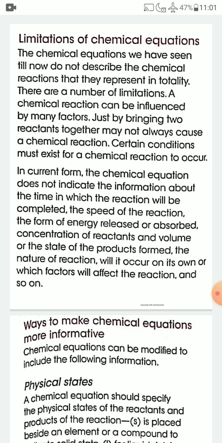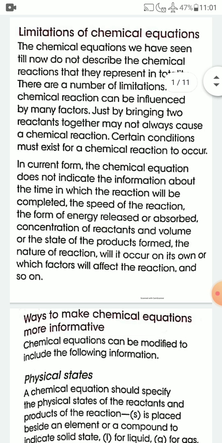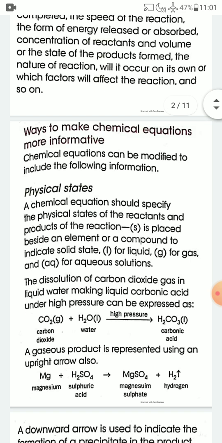So we have to learn how to make a chemical equation more informative. We have to correct the limitations of chemical equations. So now see ways to make chemical equations more informative.